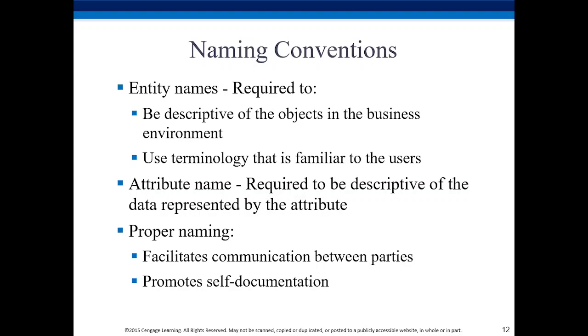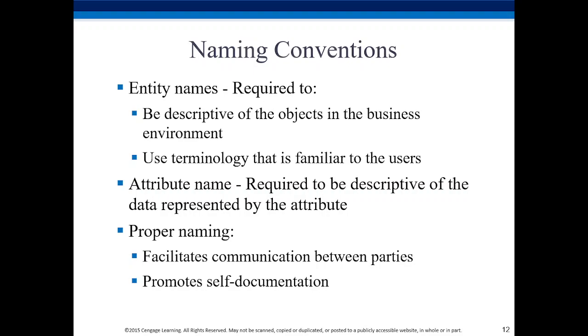For naming conventions, these are present in data models. Entity names are required to be descriptive of the object in the business environment, and use terminology that is familiar to the users and the developers as well. Attribute names are required to be descriptive of the data represented by the attribute.